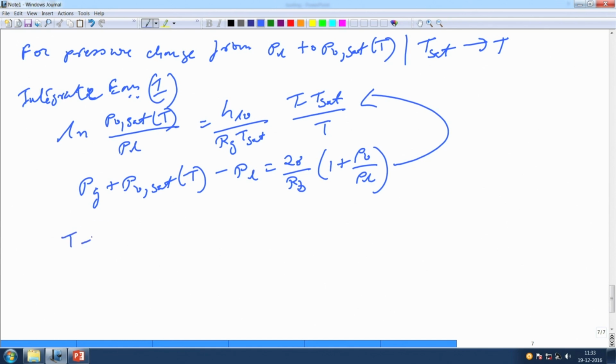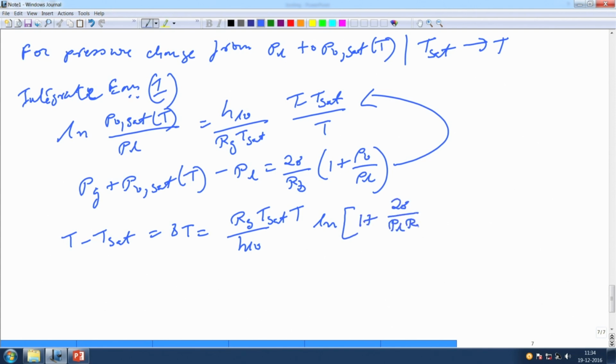What you get is that T minus T sat, which we can mark as delta T, is RG by HLV into T sat into T times ln of 1 plus 2 sigma by PL into RB into 1 plus rho V by rho L minus PG by PL. I am sorry, this one.